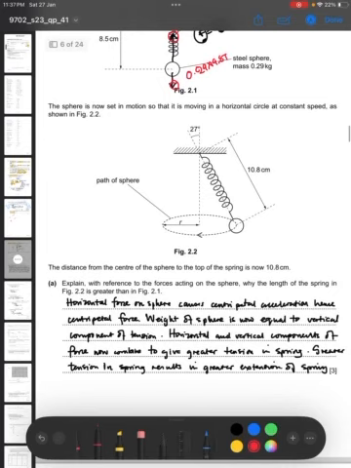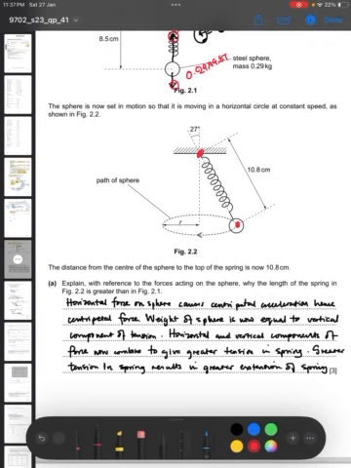The distance from the center of the sphere, that is here, to the top of the spring, that is here, is now 10.8 centimeters. Originally it was 8.5. Now it is 10.8 centimeters. We can even deduce there that the extension has increased, meaning that the force in the spring has increased. Okay, fine.